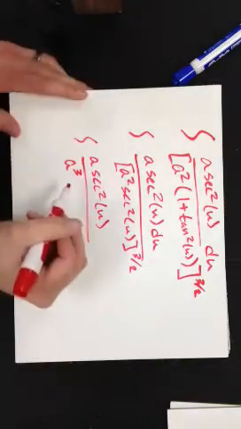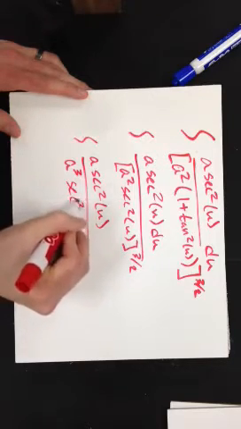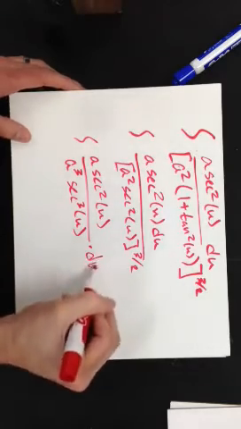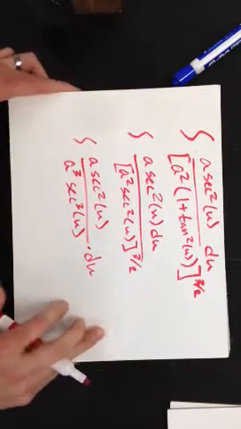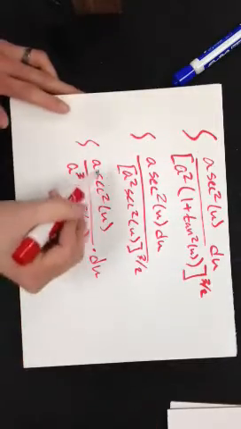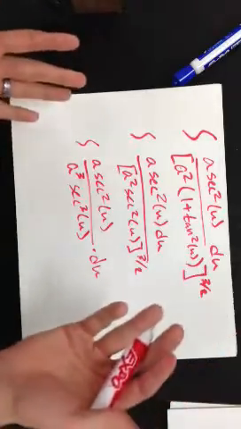Secant squared taken to the 3/2 is just secant cubed u. All of this times du. Now this problem is falling apart. So a over a cubed, that's just 1 over a squared.